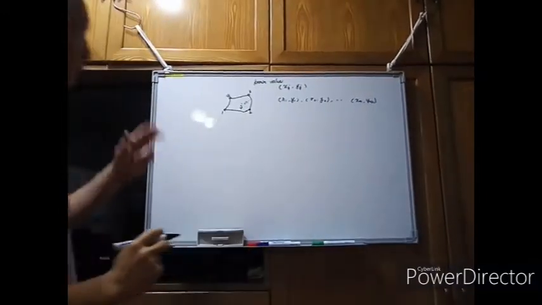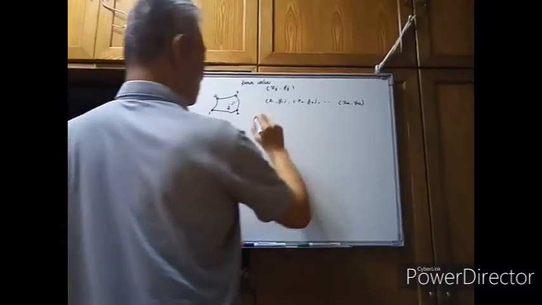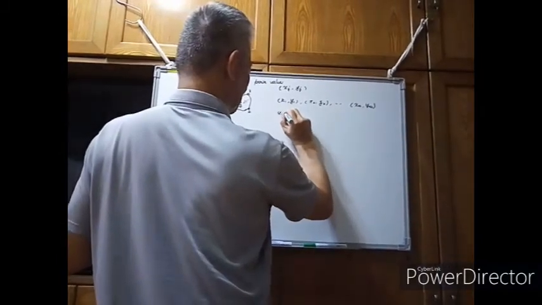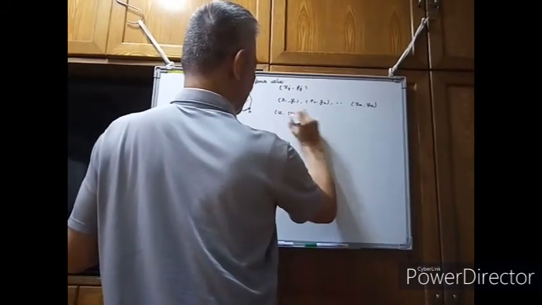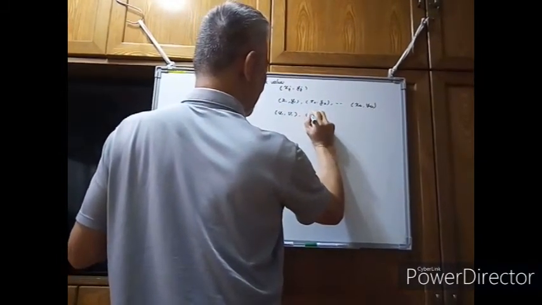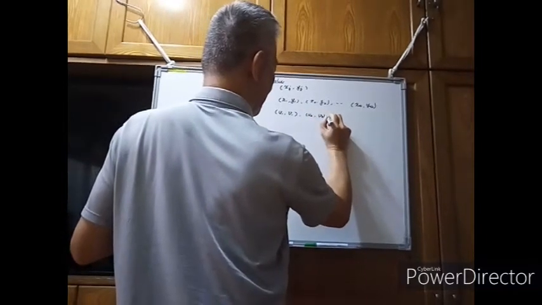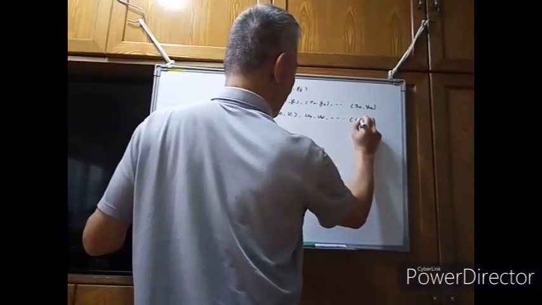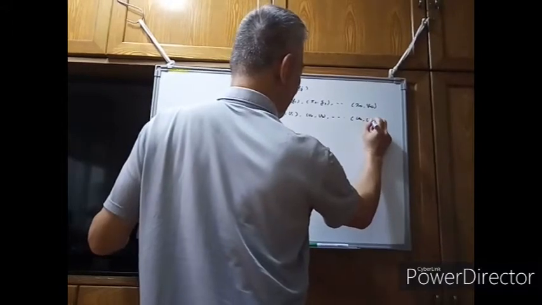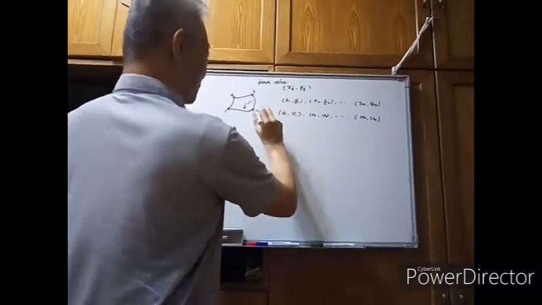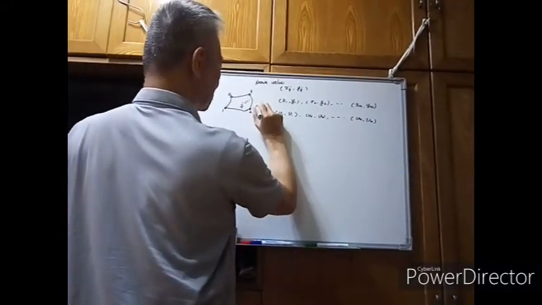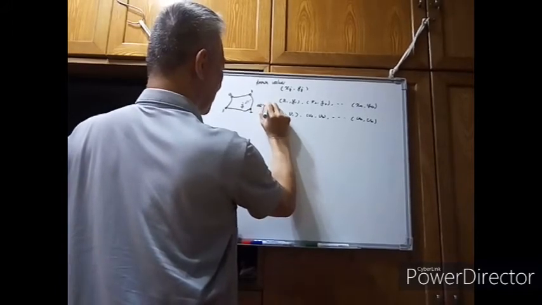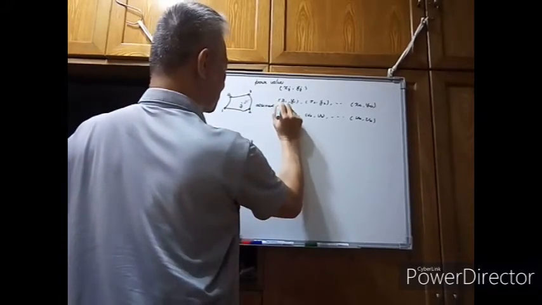Also, we have the assumed u1, v1, and they are for these 4. They are the assumed basic unknowns.